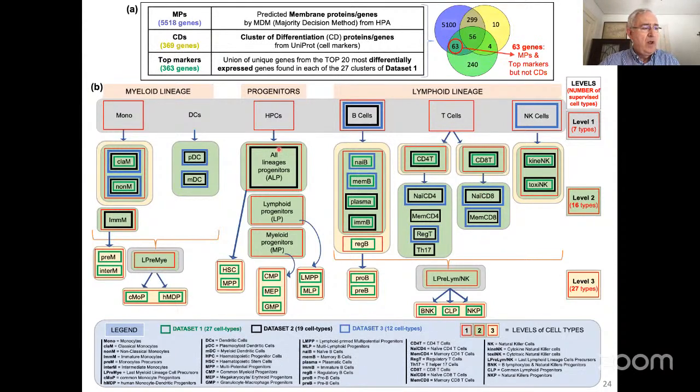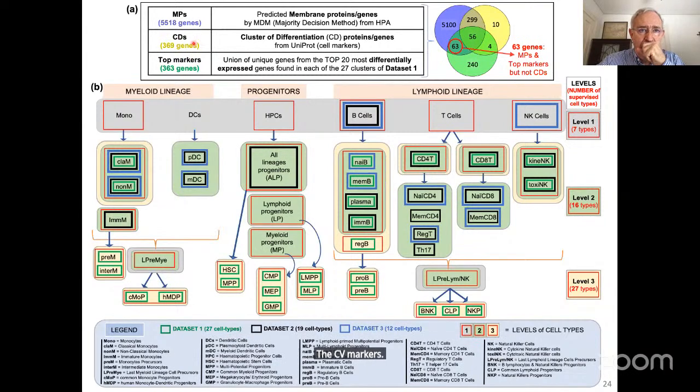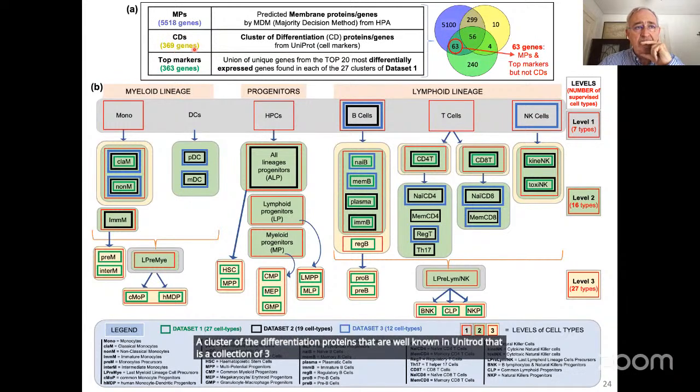And also, because we wanted to identify gene markers, we took 2 things. The CD markers, CDs that are well known as cluster of differentiation proteins in UniProt, that is a collection of 369 genes.